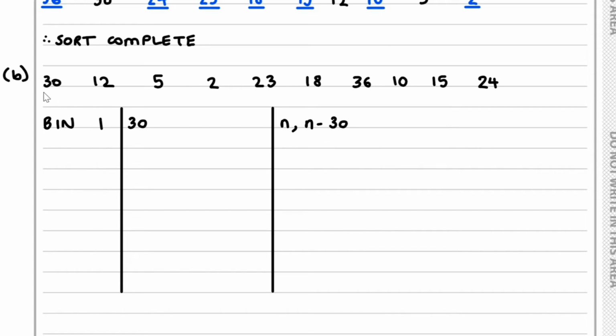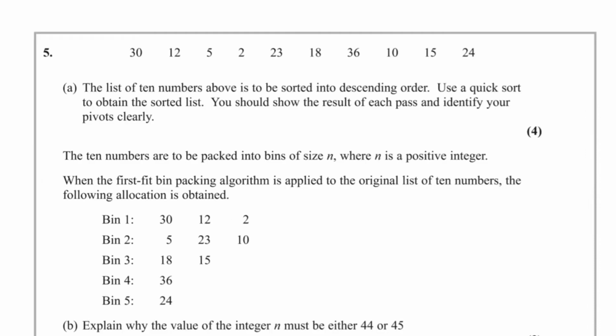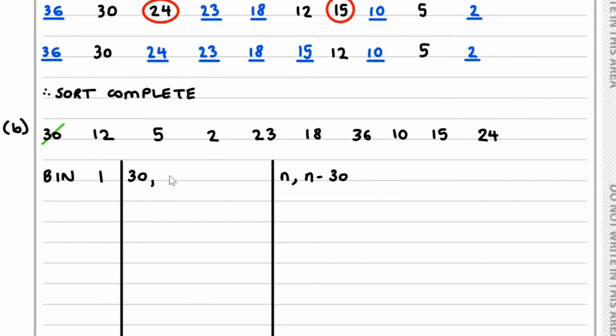So let's cross off this 30, indicating we've used it. Now, if I take a look at this 12, well, the 12 was also placed in bin 1, which means the 12 goes here, and the space remaining then in bin 1 will be n take away 30, take away the 12, which is n minus 42. So let's cross off the 12, indicating we've used it.